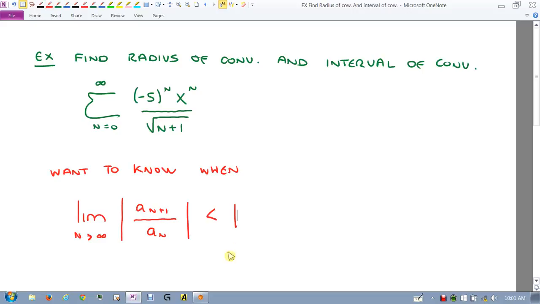I would like to know when the absolute value of plugging n plus 1 into this divided by the absolute value of plugging just n into this, when the limit of that ratio yields something less than 1. When that happens, I have convergence, don't I?